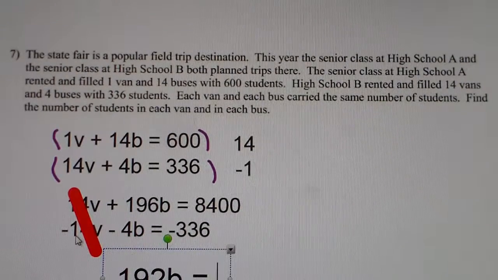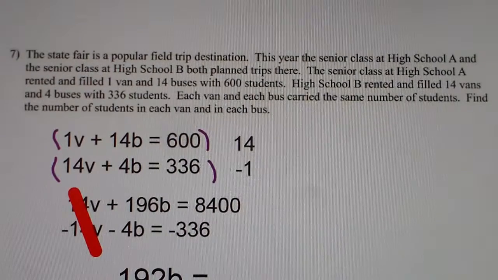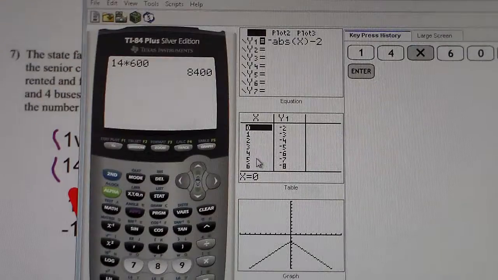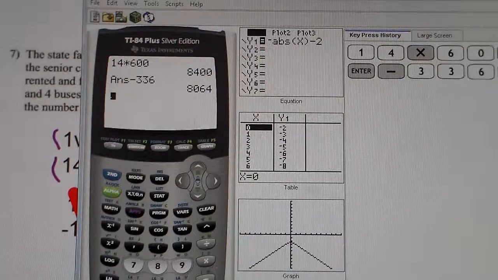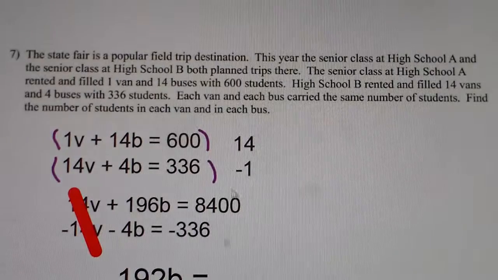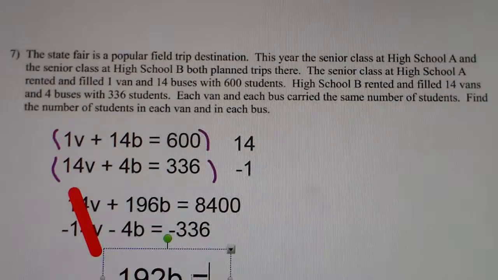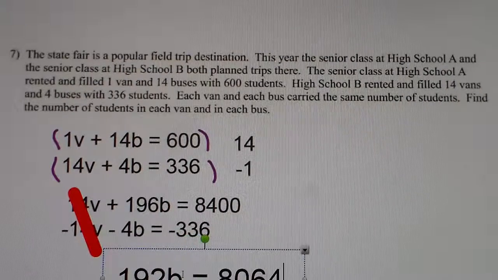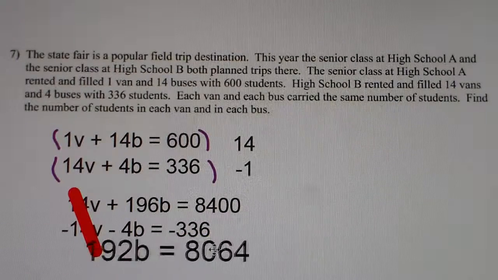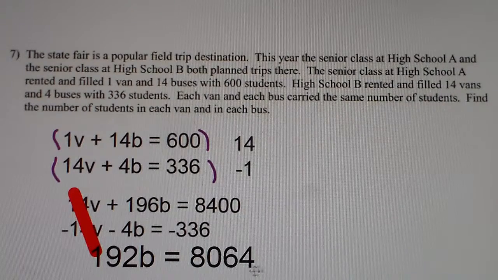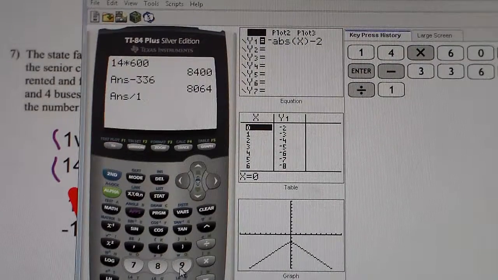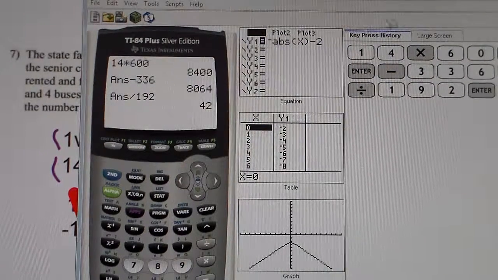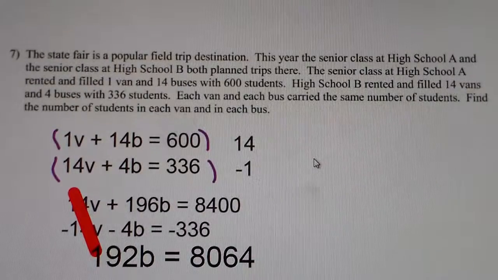And that's equal to 8,400 minus 336, that'd be 8,064. Then you're going to take 8,064 and divide it by 192. And we're going to get 42. So b equals 42.